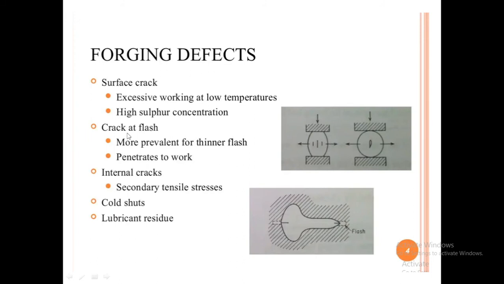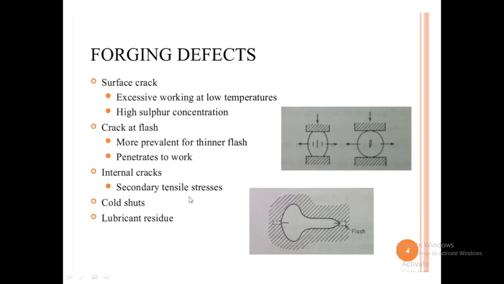Then crack at the flash. See here, this is the final product that we have designed after the forging operation, and here at the flash the crack will be present. So this is another defect in a forging operation.